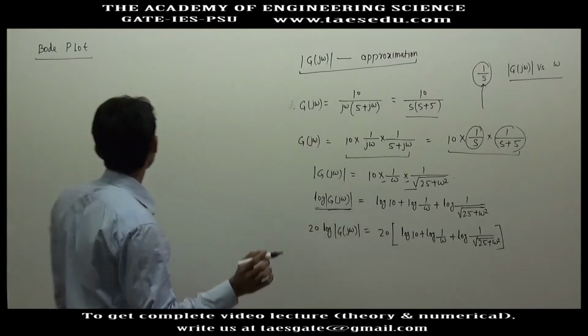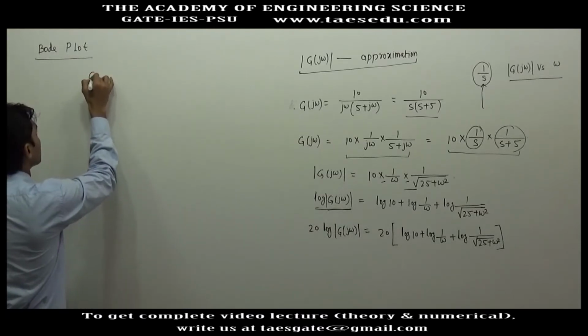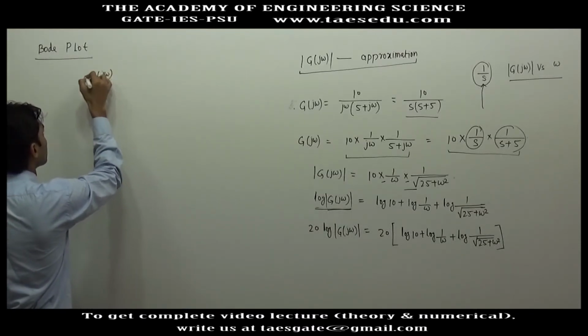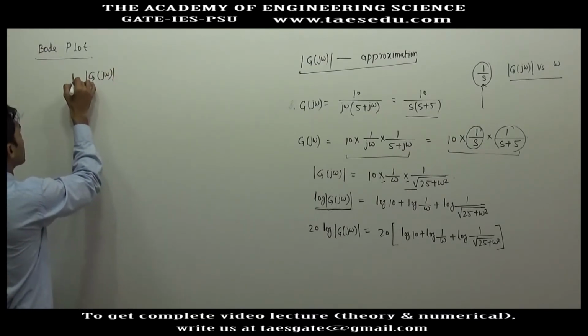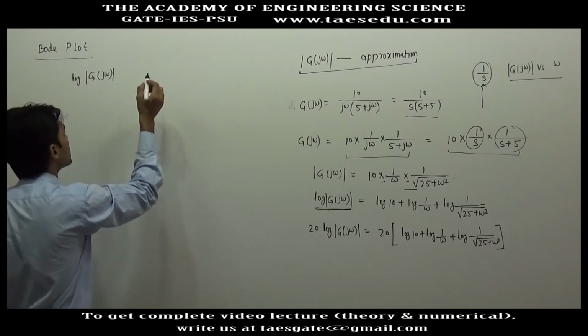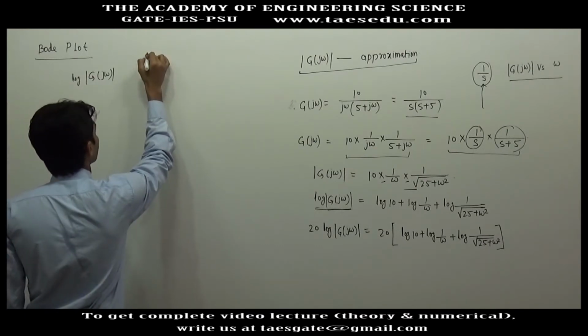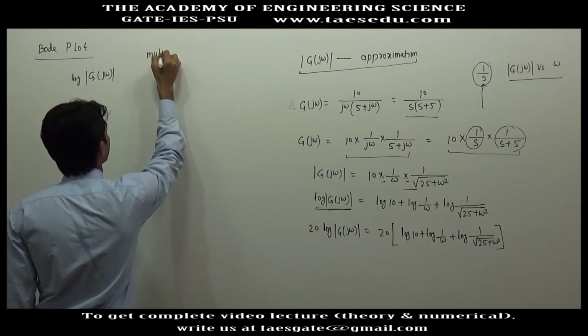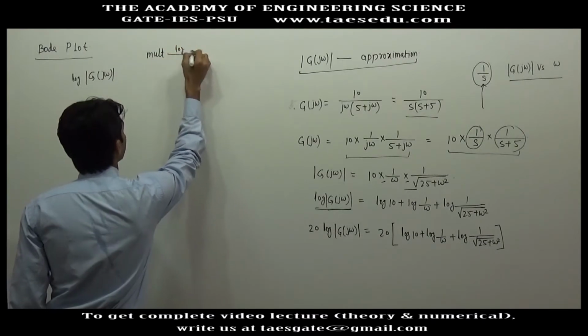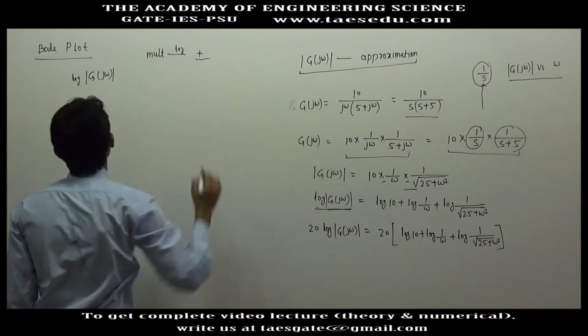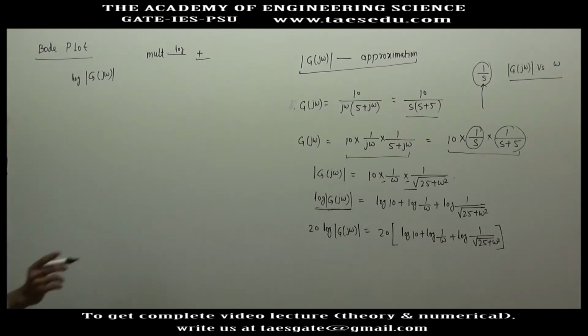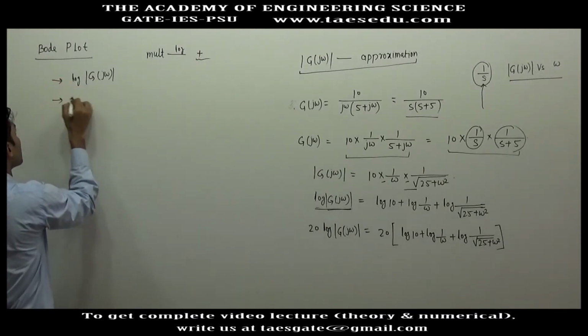Okay, so for what we have studied, instead of getting exact plot of modulus of G(jω), we take log. Why we take log? To get rid of multiplication. If there are multiplication of many quantities, if you take log, the quantities will get added. So first we take log, and the second thing is approximation.